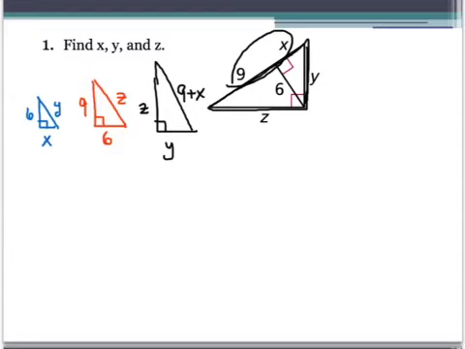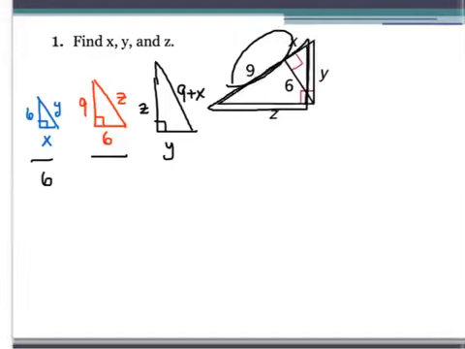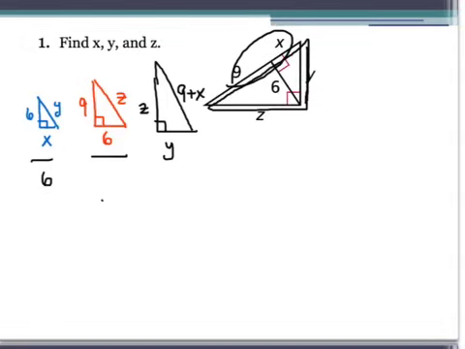And I do have one. If I compare the small triangle to the medium triangle, and I compare the long leg from the small triangle, the long leg here, to the long leg in the medium.